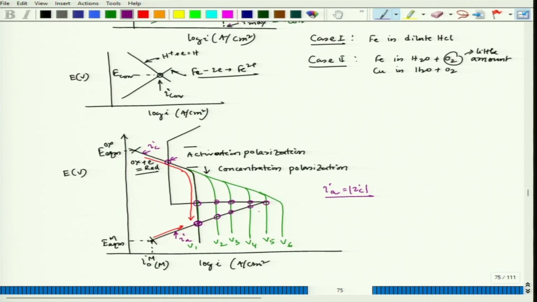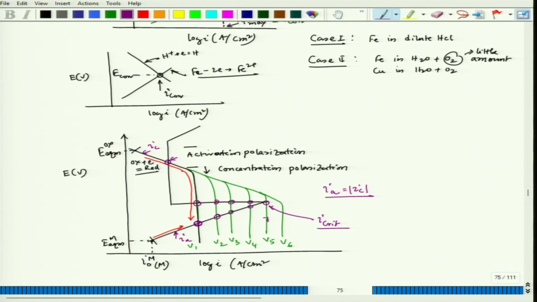One interaction is at I critical, which is the maximum current in this particular current plot, I crit.